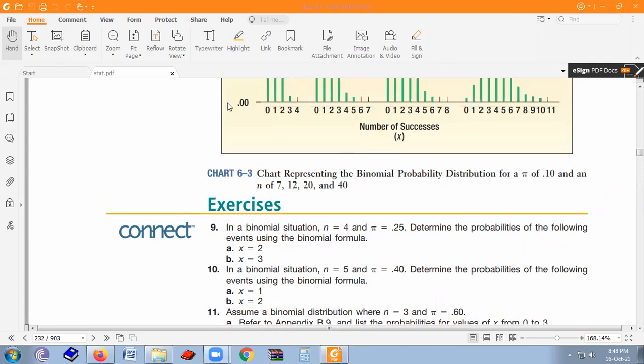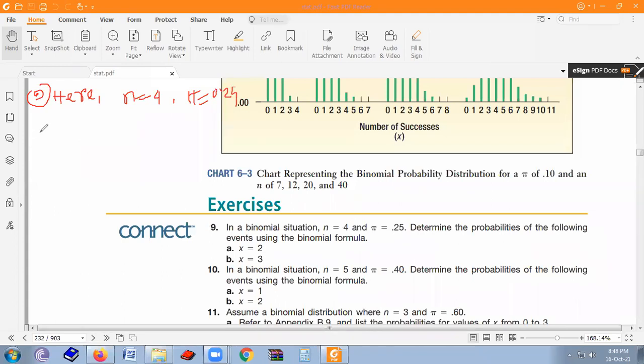At first we have to write what is given. So for number 9, n equals 4 and pi equals 0.25. Okay, this is given, and determine the following using the binomial formula.